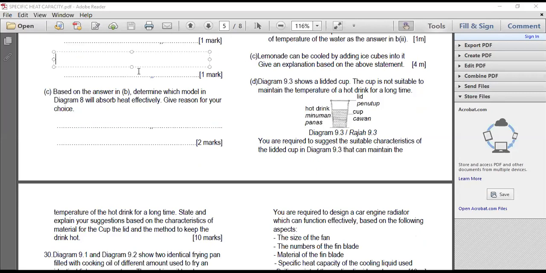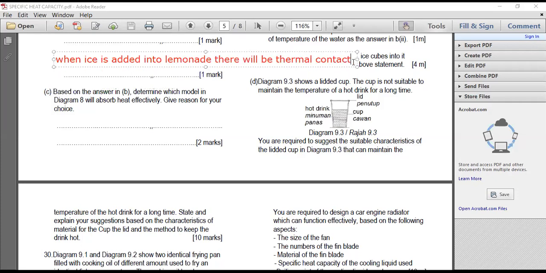First you can say, when ice cubes are added into lemonade, there will be thermal contact. The keyword here is thermal contact. There must be thermal contact in order for heat to be transferred. So there'll be thermal contact between the lemonade and the ice.